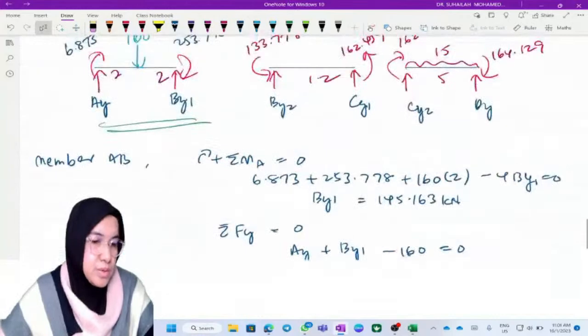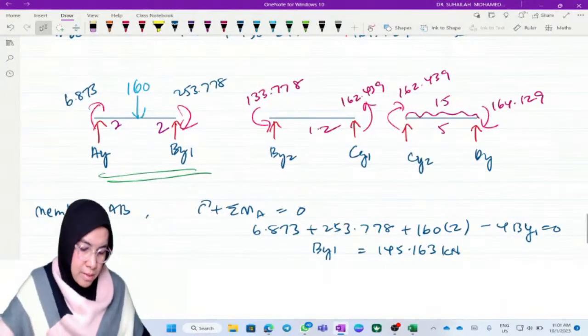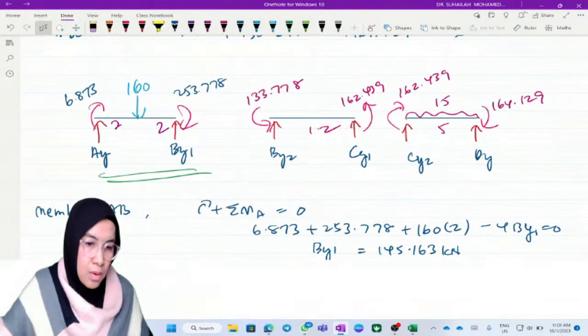It's equal to 0. Okay, so we have here positive 162.439, 164.129.